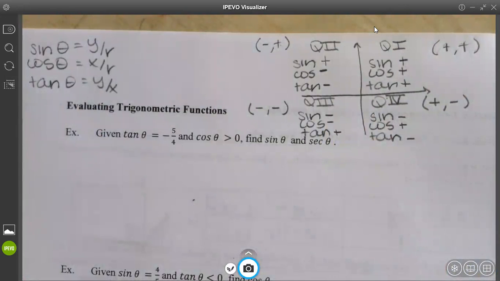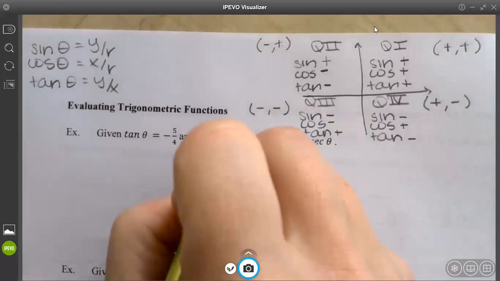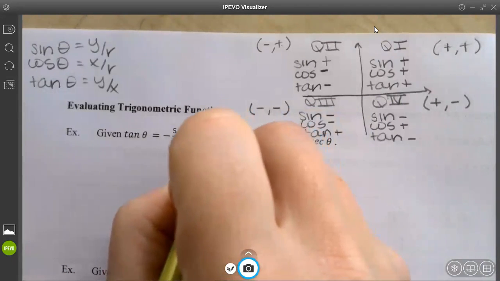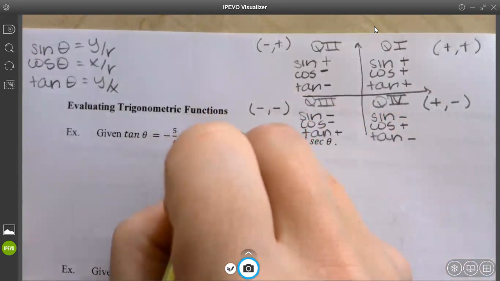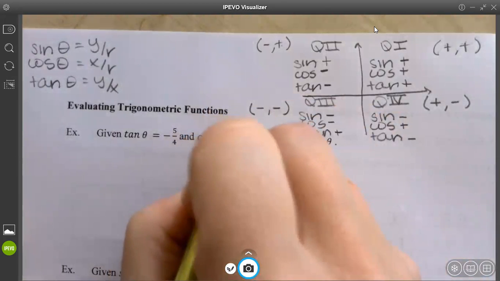All right, so given that tan equals negative 5 over 4, and cosine is greater than 0. What does greater than 0 mean? What kind of numbers are greater than 0? Positive numbers.